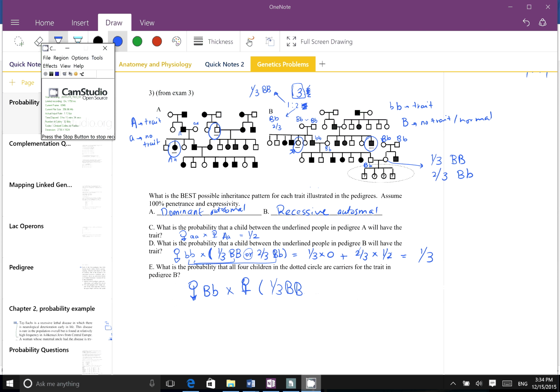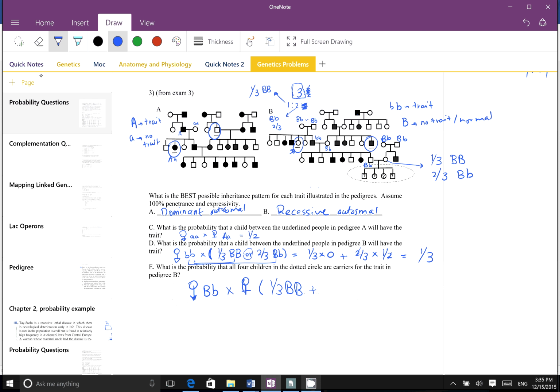Anyways, so as I was saying, the probability of her being carrier or not is 1/3 BB. It's 1/3 probability of her being homozygote plus, because it's or her having the other genotype, 2/3 of her being a carrier. Okay, so het times homozygote is 1/2, right? So 1/3 times 1/2 plus heterozygote times heterozygote is 1/4, right?